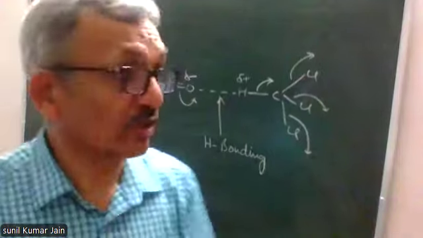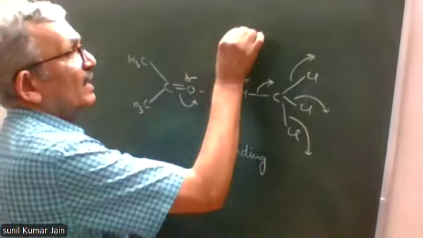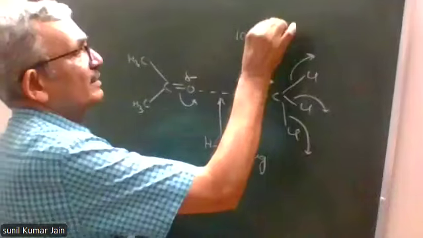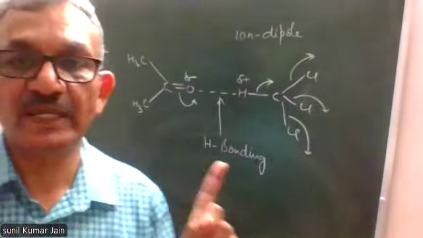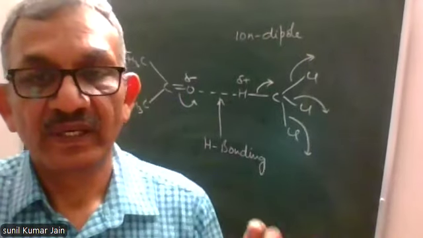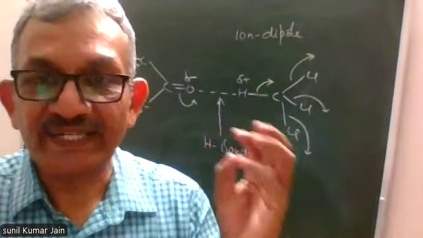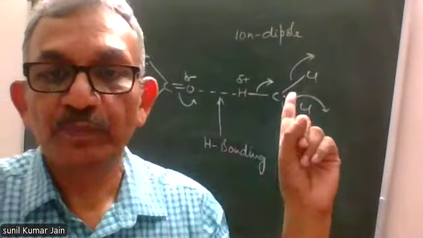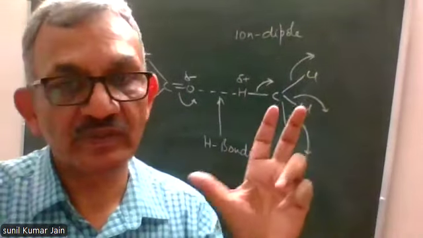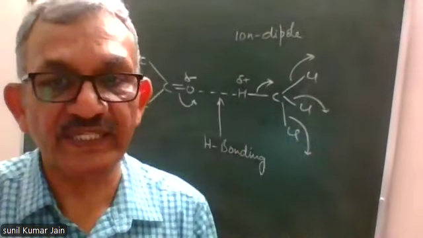Due to the formation of ion dipole forces. So there'll be attractive forces between H plus ion formed by the acid and polar solvent. So that is called ion dipole attraction.